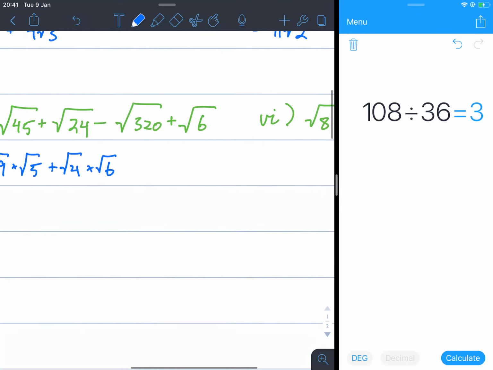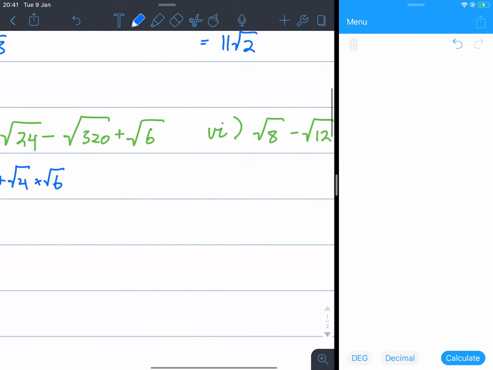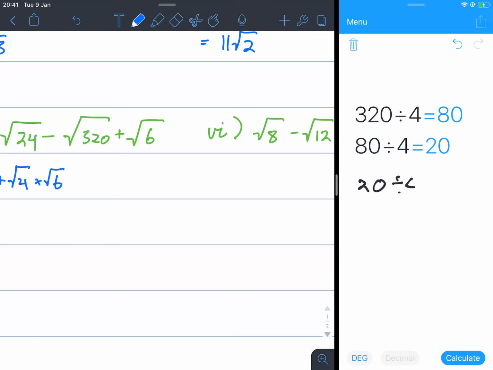Let's try that. 320, let's try dividing by 84. Nope, doesn't work. So let's try 320 divided by 4. 80 divided by 4. 20 divided by 4 is 5.